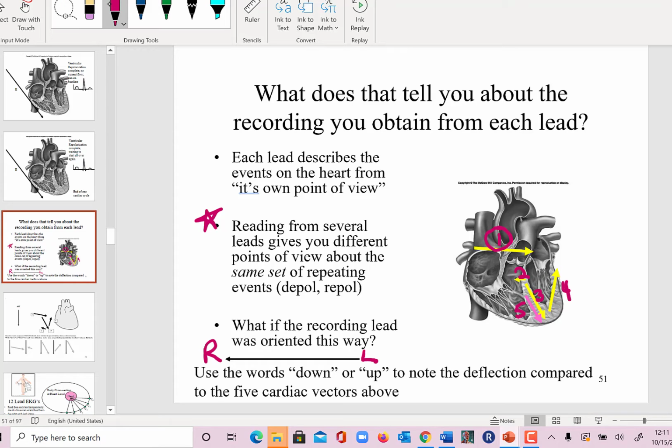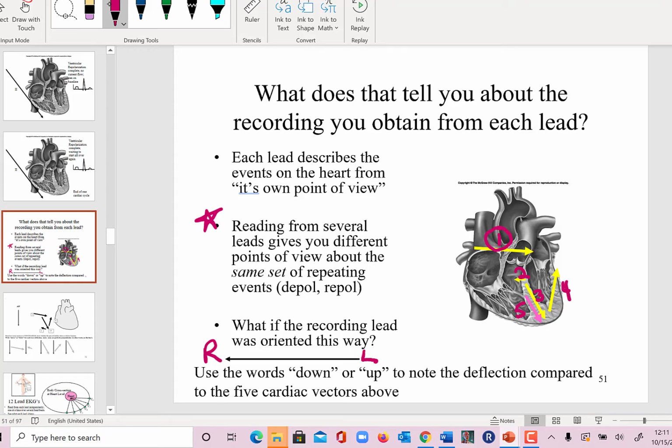Again, that lead does not exist clinically, but if you have truly mastered vector analysis, I should be able to give you any recording lead oriented in any direction, and you should be able to take those 5 cardiac vectors and tell me if the pen would go up or down. That will be your task on your EKG exam.